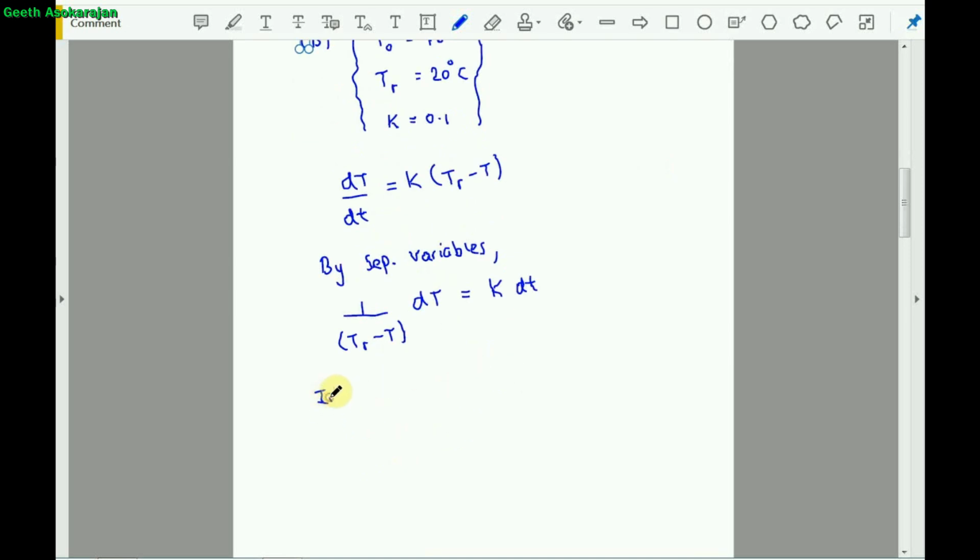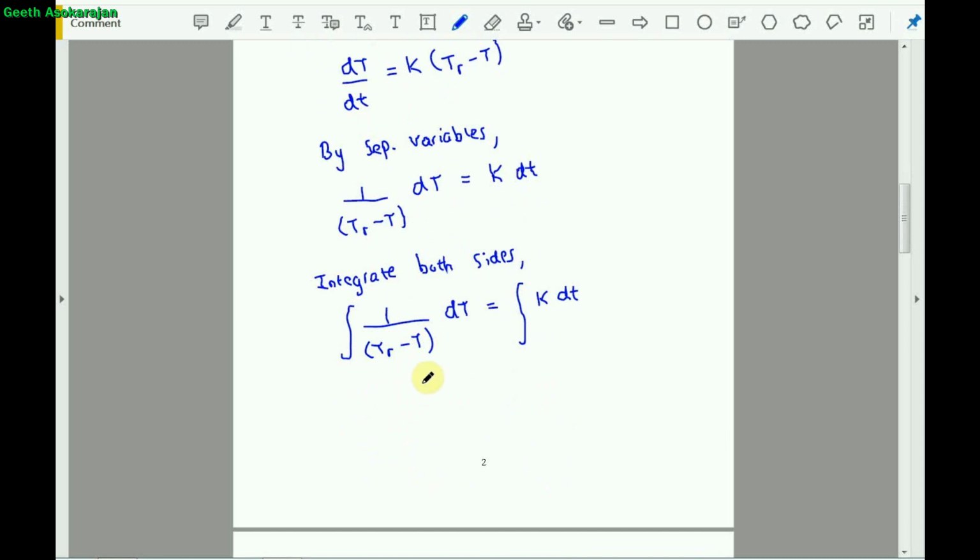So let's move on to the next step, let's integrate both sides. So let's integrate the left, so we have 1 over TR minus capital T, the temperature of the object, with respect to dT, and we also integrate the right, K, with respect to small t. Now let's integrate the left hand side.